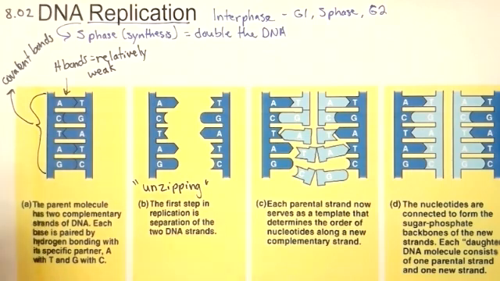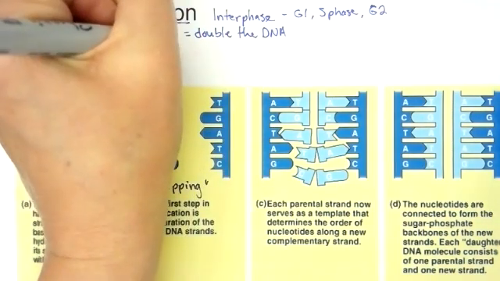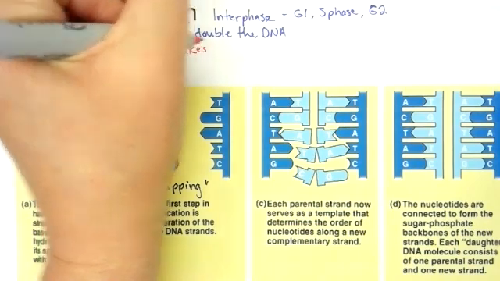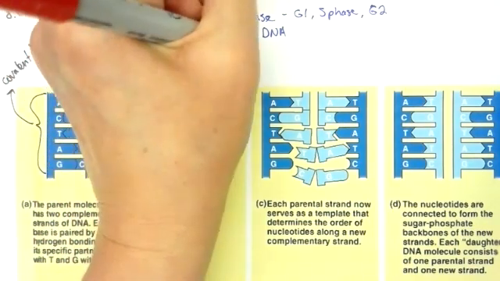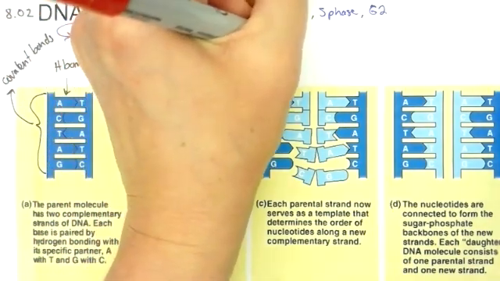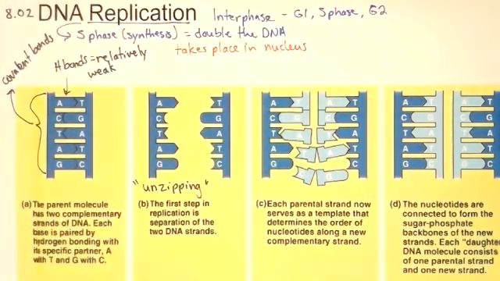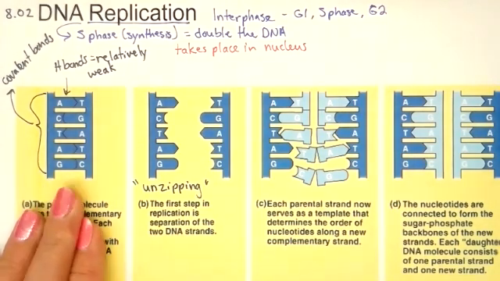Now, you remember, where's the DNA found? Where does it live? Did you say nucleus? So this is taking place in the nucleus. So in the nucleus, we've got our DNA.